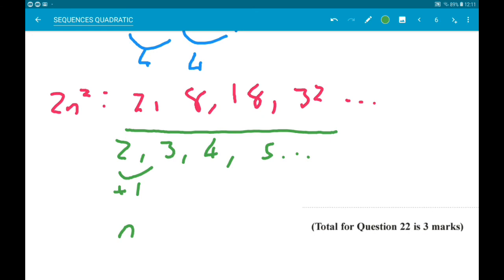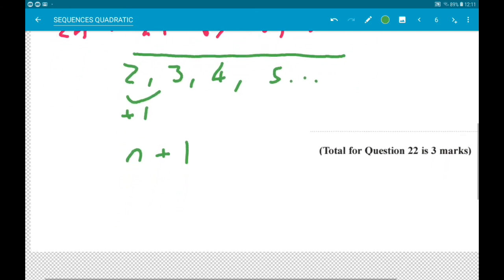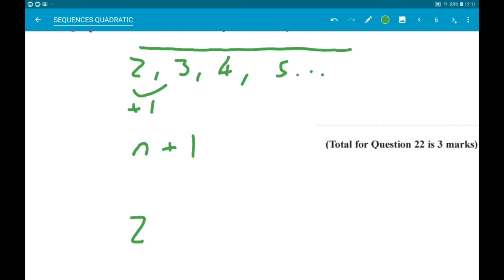So for the first term, n is 1. But our first term is 2, so we need to add 1. So the nth term altogether is 2n squared add n, add 1. Boom.